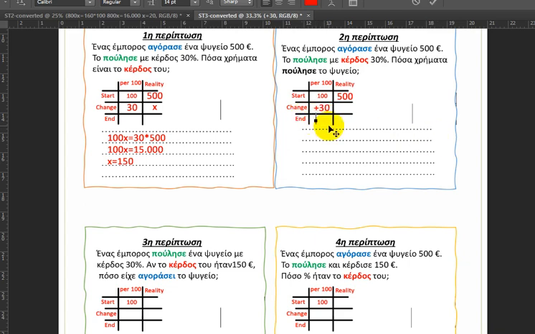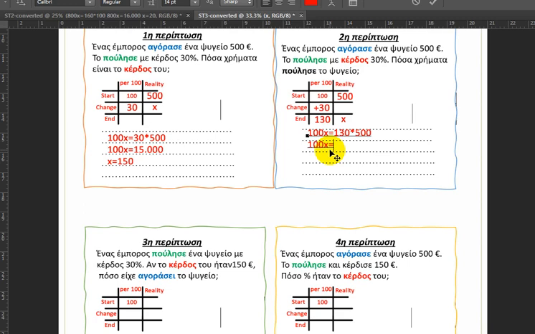So in the end, we will be paying 130% of the initial price, which is what? Now I take the cross product, so 100x needs to be equal to 130 times 500. So 100x needs to be equal to what?